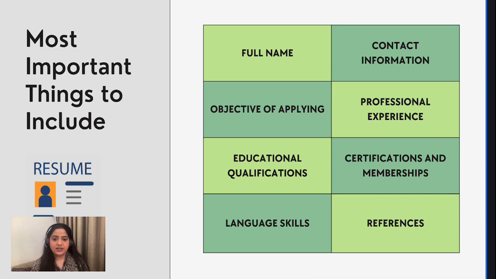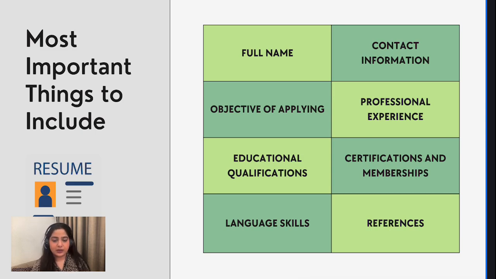Because if they send you a letter by mail, which barely happens, but if they do, that's going to be your address. And also sometimes you're staying at a place and you're applying nearby, so the employer kind of takes that into consideration.